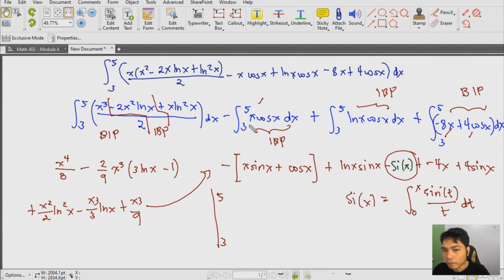So what about 3 and 5? You can rewrite this as ln of x sine x evaluated from 3 to 5, and then subtract the integral from 3 to 5 of sine x over x dx. That's all, and then you should get the correct answer for this.